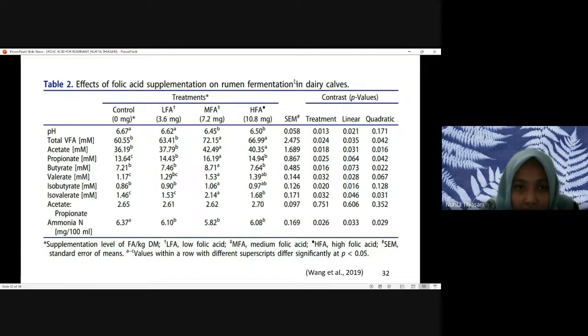And another experiment, with an increasing level of folic acid for the pH. It seems the addition of folic acid increases the rumen pH and also increases the production of butyrate, valerate, isobutyrate, isovalerate, and then the ammonia production is reduced.